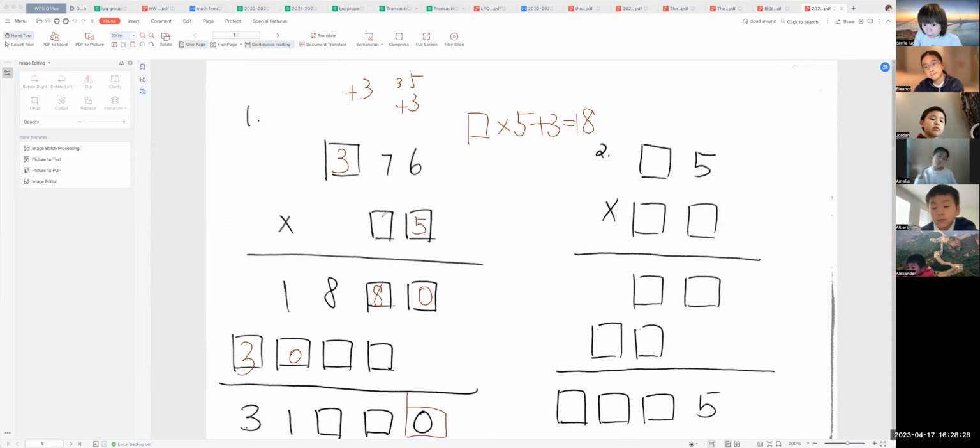I think at least it has to be bigger than 5. But if you put 9 here, that will be too big, because 9 times 7 equals 60 something, and 3 times 9 equals 27. 27 plus 6 equals 33.